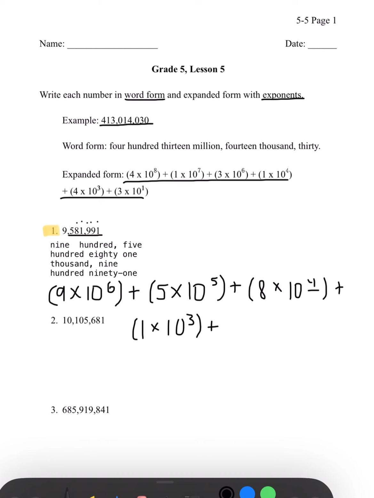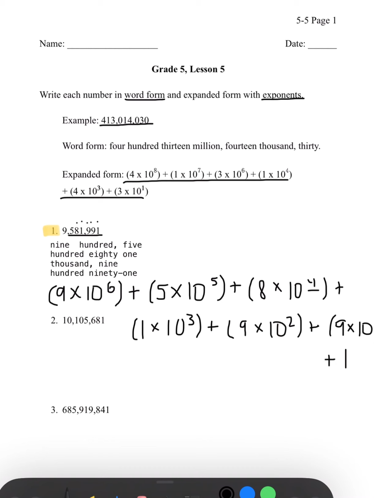Plus, we have 900 left. 900, there's 2. And then we have the 9, 90, and that's just 9 times 10, right? Because 9 times 10 gives us 90. Plus 1, since we have a 1 in the ones place.